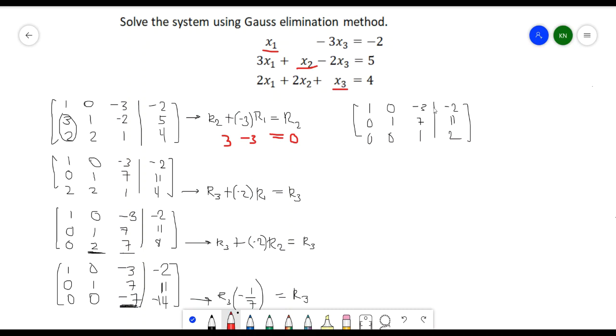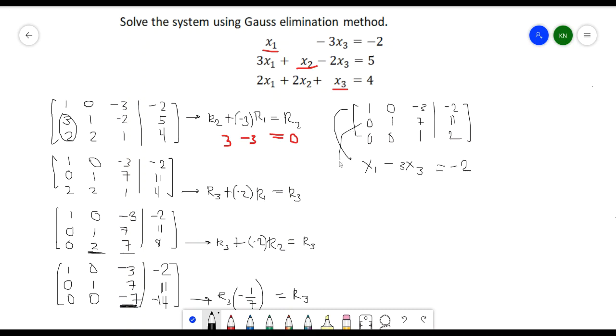As we already got the coefficients of our equations, we can rewrite this back into equation form. For the first row, we have x sub 1, and we have no x sub 2, so just leave that as is. And then we have negative 3 x sub 3 is equivalent to negative 2.